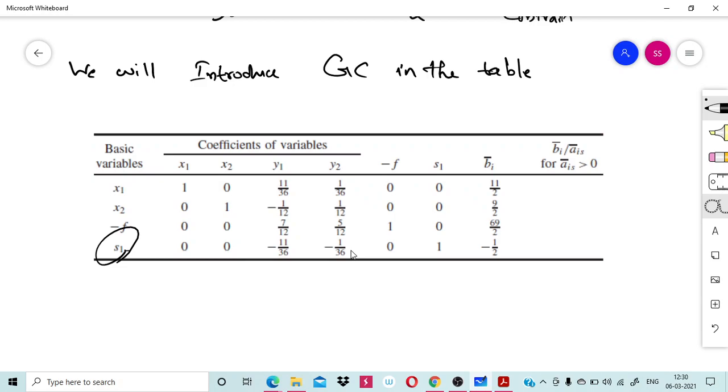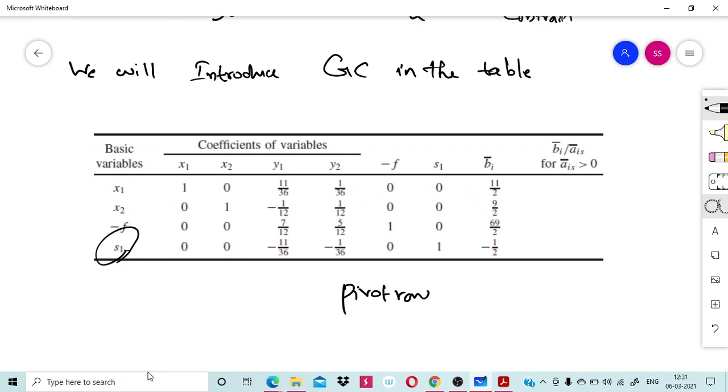So in dual simplex method, we have to find out the entering variable as well as the leaving variable. For the leaving variable, the concept is just interchanging. That means in our simplex method we found the pivot column, but here we have to find out the pivot row.